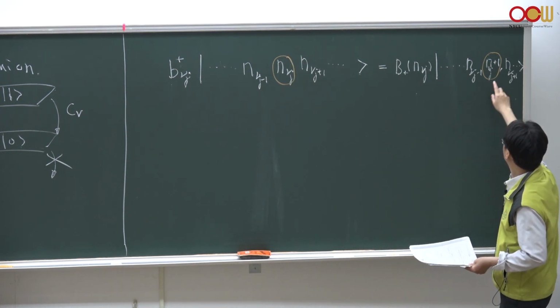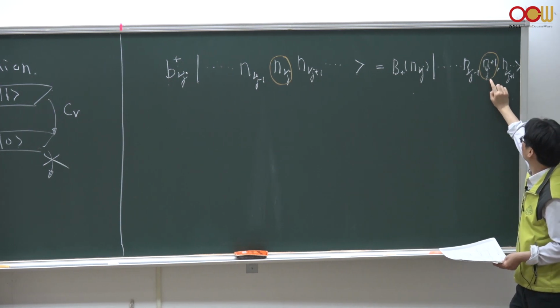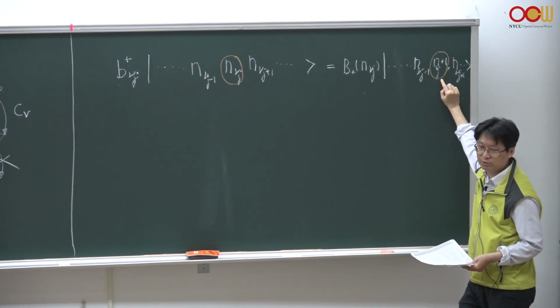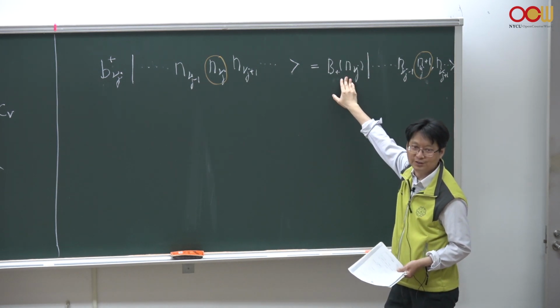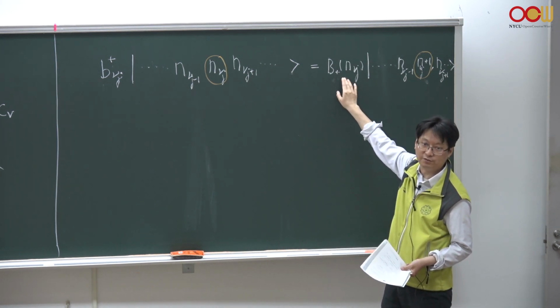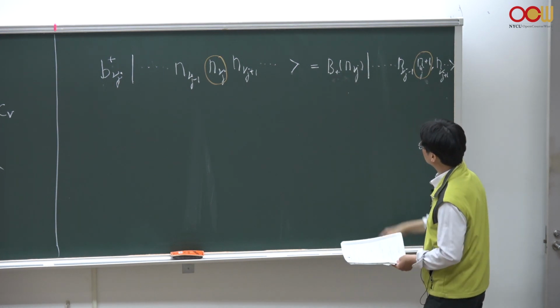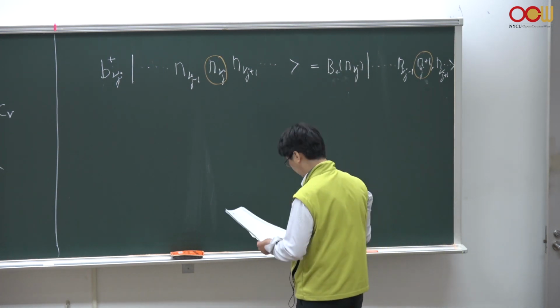The final state has n nu j becoming n nu j plus 1 with a proper coefficient. This coefficient turns out to be non-trivial for bosons, and we'll determine this b plus or b minus here.